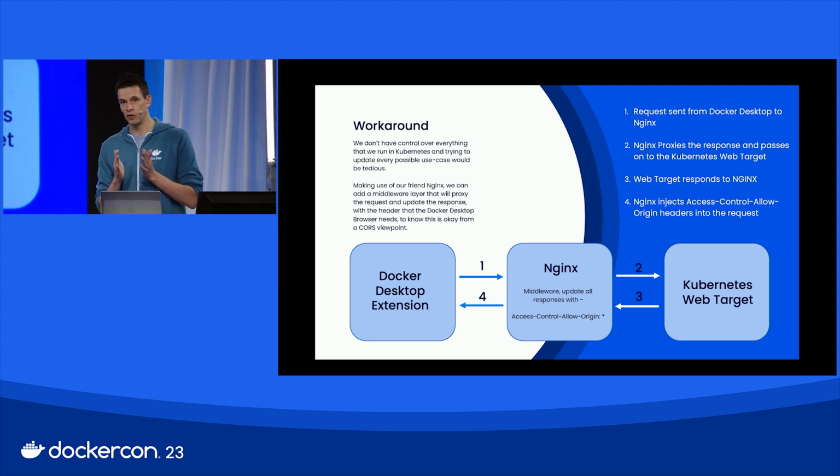So as far as the Docker Desktop extension is concerned, it's got everything it needs to satisfy CORS. So this actually allows you to run anything Kubernetes based in Docker Desktop extension, and CORS will be satisfied.